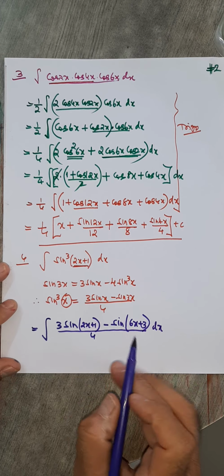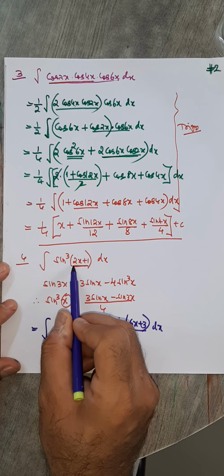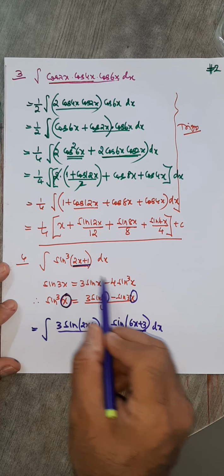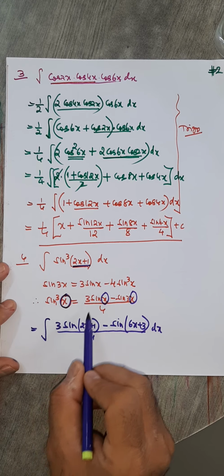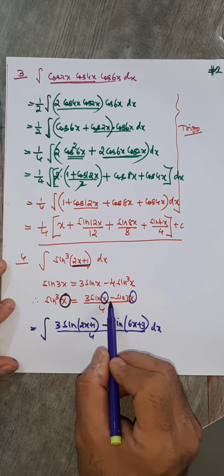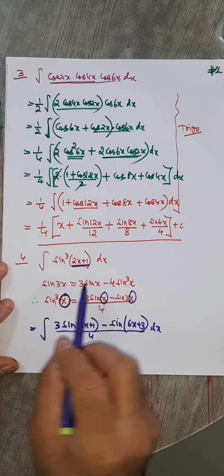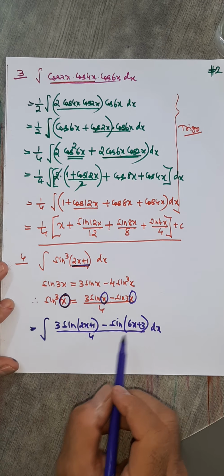I hope this is clear to you. What I did in this: you need 2x plus 1, so in place of x you wrote just 2x plus 1. So 3 into sine (2x plus 1) minus, here multiplying with 3, sine (6x plus 3), the whole by 4.